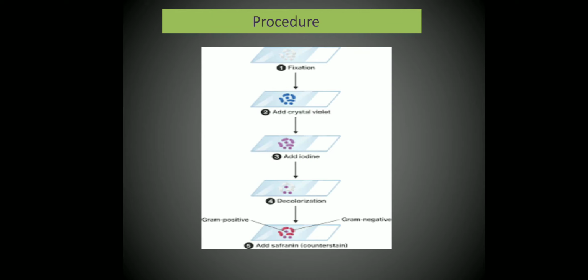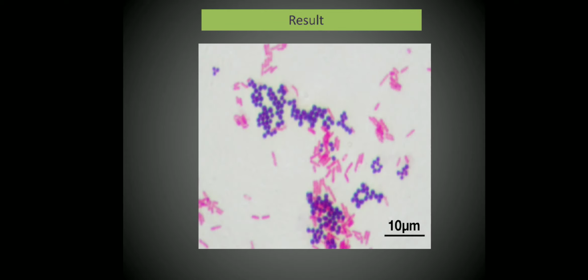After this, wash the slide with tap water, adjusting the flow so that water comes drop by drop on the slide and it gets washed. After washing, the slide is air dried and observed under the oil immersion objective.